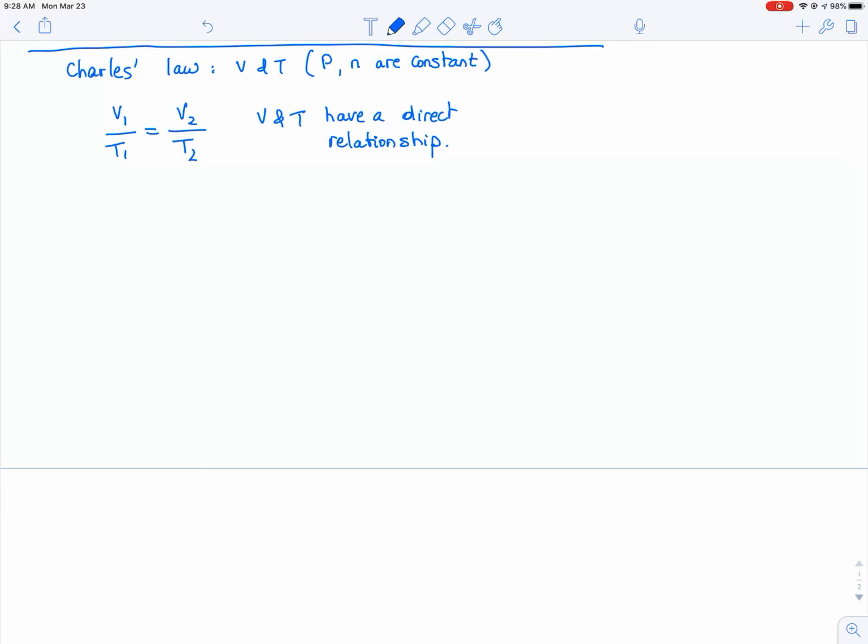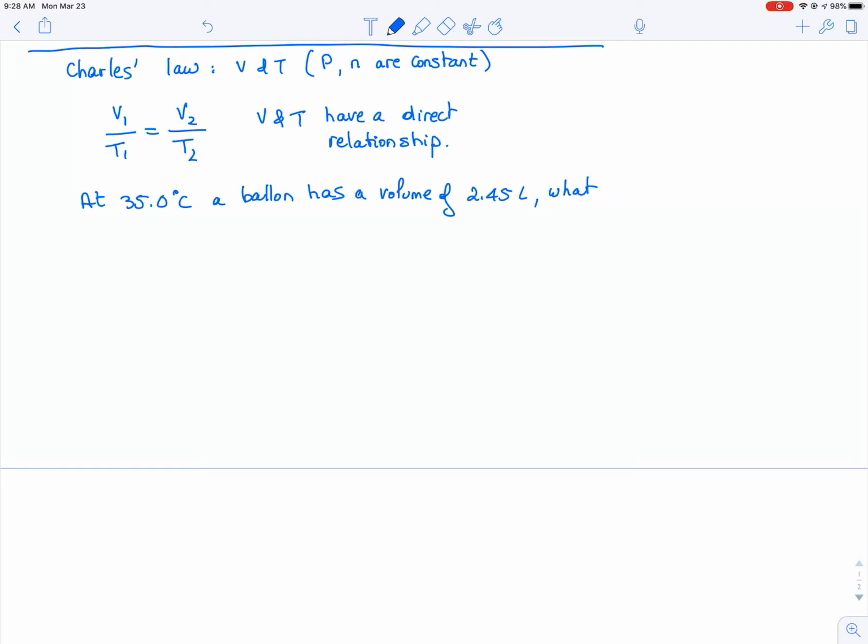So I can give you an example. Let's say it's a warm day, very, very warm. At 35 degrees Celsius, a balloon has a volume of 2.45 liters.